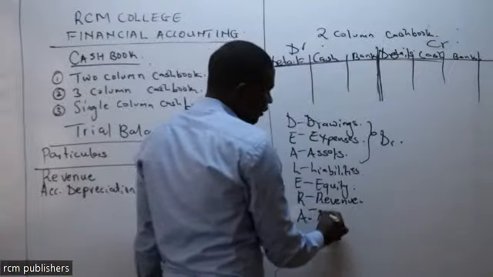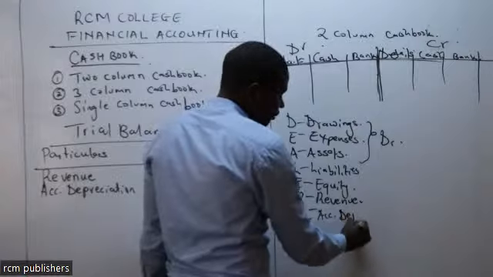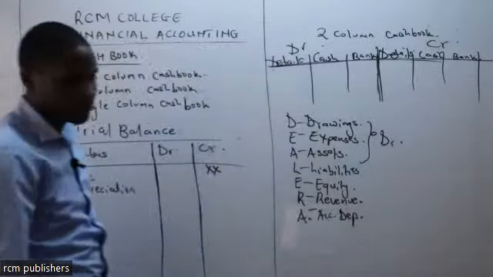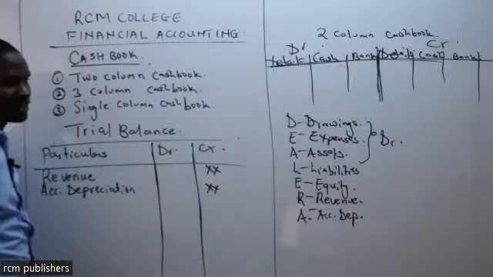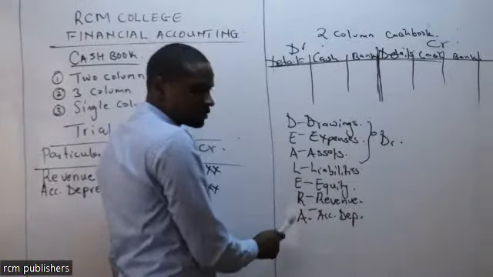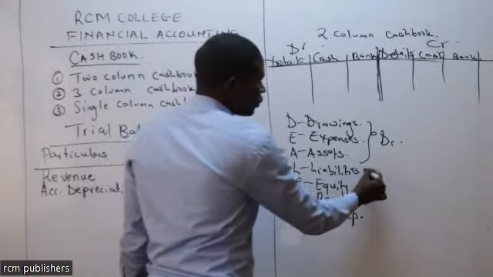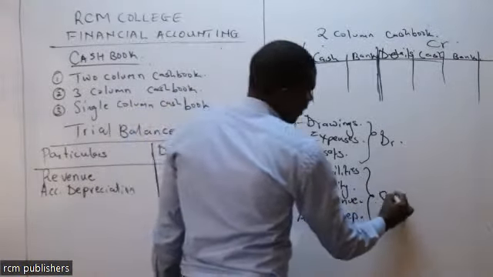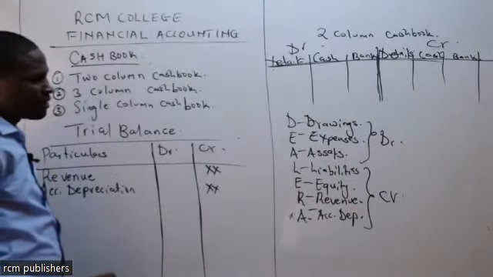And then we have accumulated depreciation, which is special and falls under that section. So our accumulated depreciation will be credited. Please note, I like putting it as dealer, so that accumulated depreciation can fall here. So all these have a credit balance.